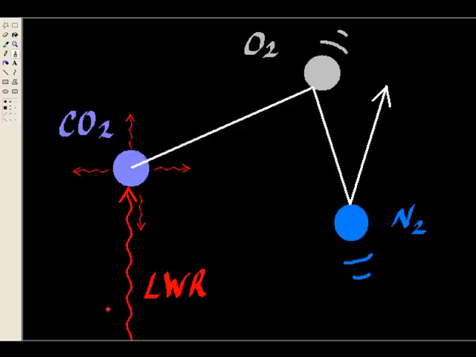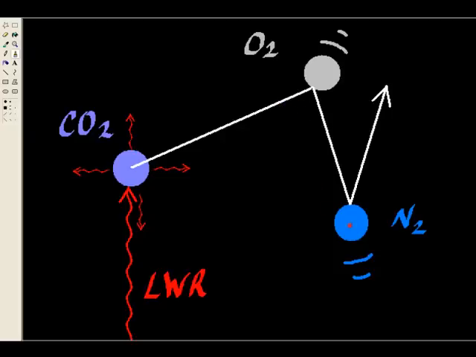So let me just summarize that once again. For example, long-wave radiation comes up from the surface of the Earth. It is absorbed by a carbon dioxide molecule, which then starts to vibrate and itself starts to emit long-wave radiation. Now in the atmosphere, the molecules are colliding with each other billions of times a second, and when a CO2 molecule collides with an oxygen molecule, it transfers some of its heat energy to the oxygen molecule.